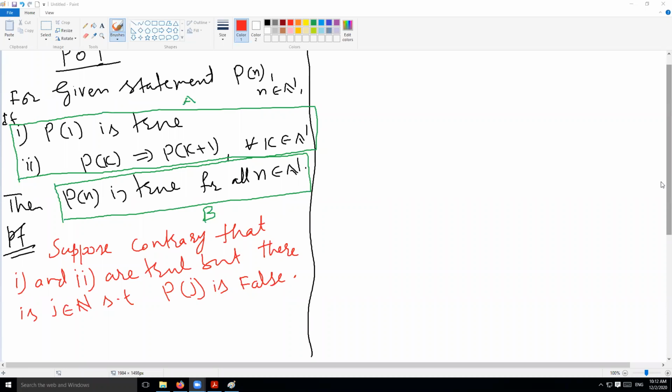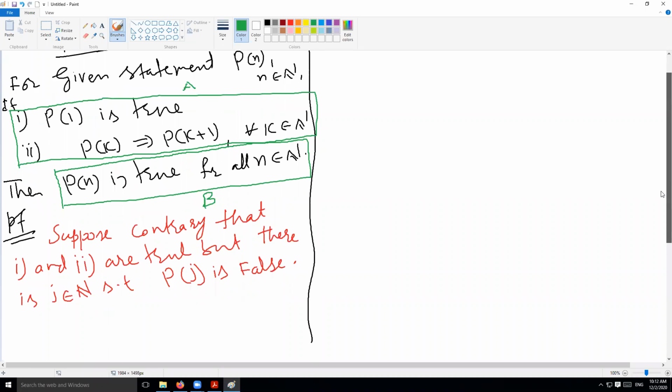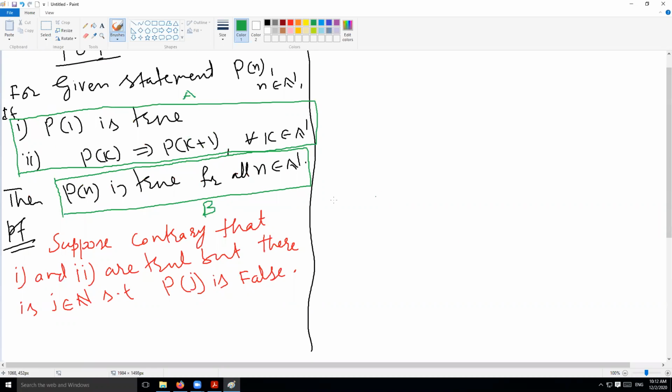Now let's assume additionally, and this is important. So see, imagine this is step 1, this is step 2, this is step 3, and so on and so forth.